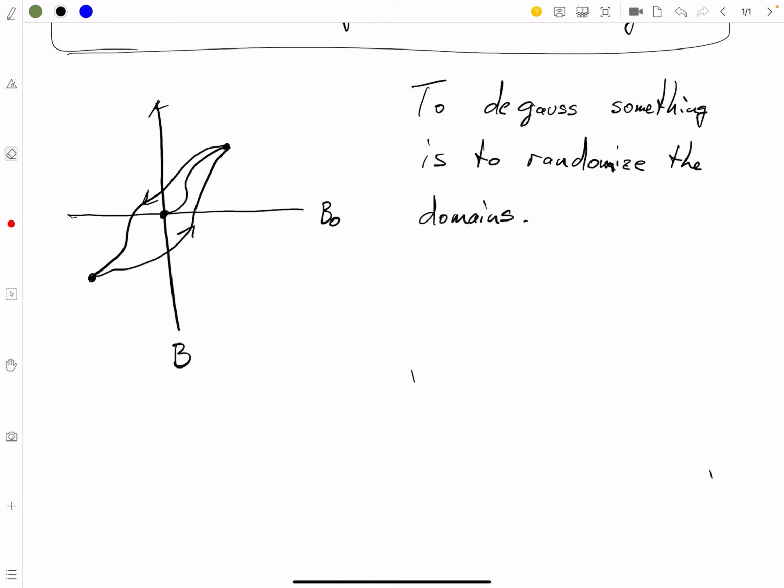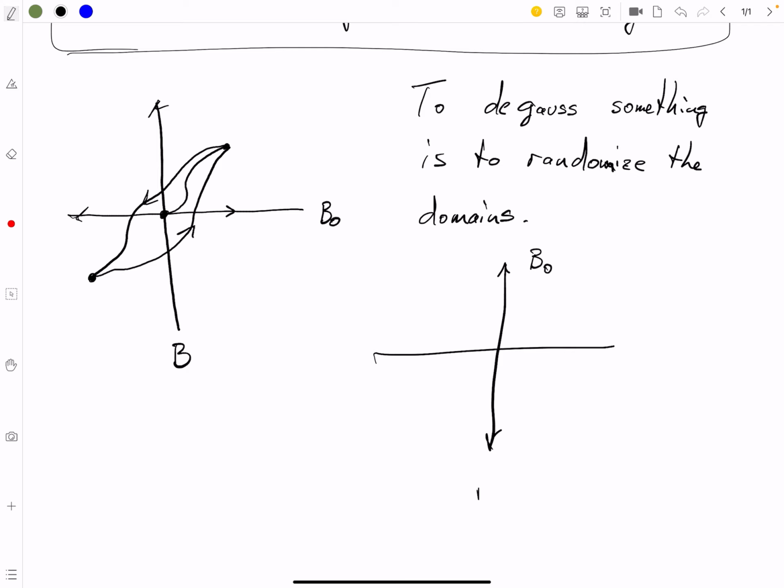Okay, not easy to do, right? How do you do that? Well, you could gradually apply a B field smaller and smaller and smaller, right? You get this B field that's randomly applied smaller and smaller and smaller, but you do it in a perpendicular way. So you twist the whole thing sideways. So here's your B field now that you're applying, and you do it this way.